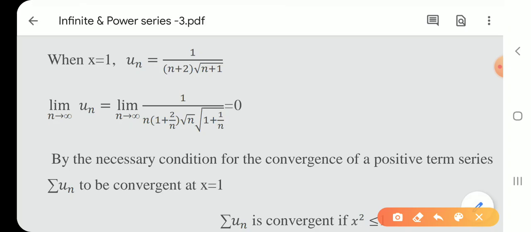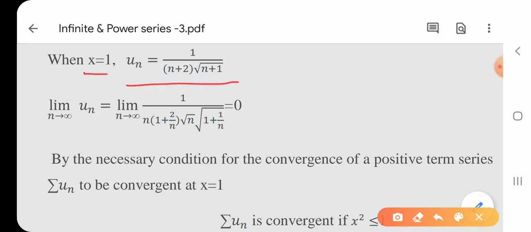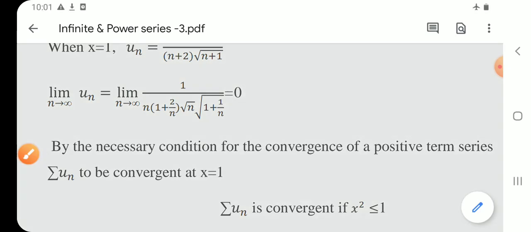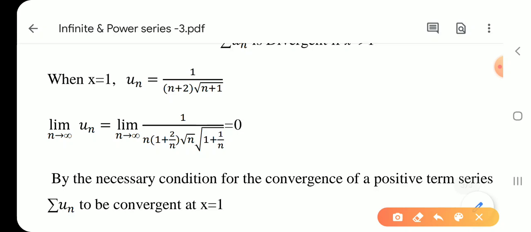When x is equal to 1, the series becomes un is equal to 1 by n plus 2 into square root of n plus 1. So let us apply the limit n is equal to infinity. You have nothing in the numerator, so directly you can apply. So it will be in the form 1 by infinity. 1 by infinity is nothing but 0.